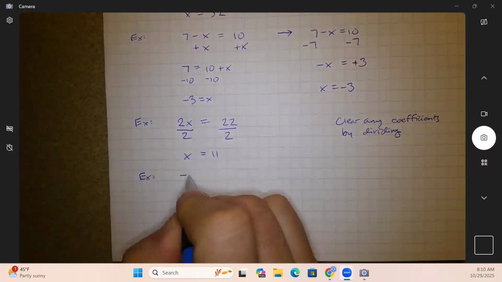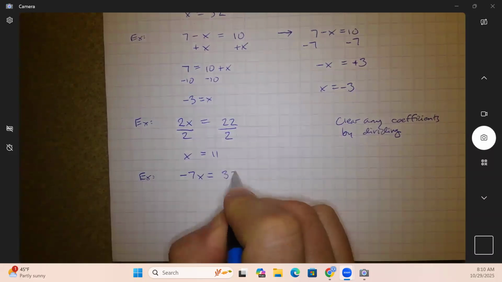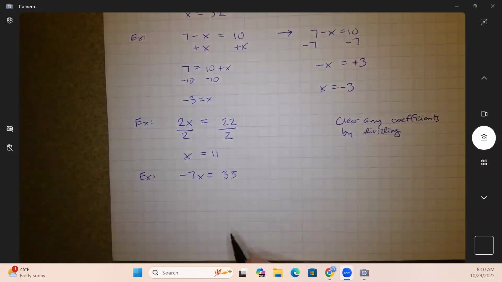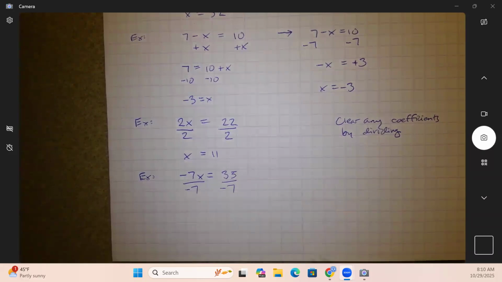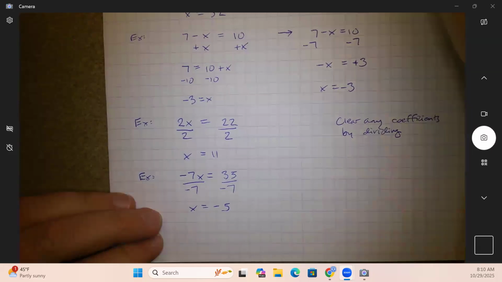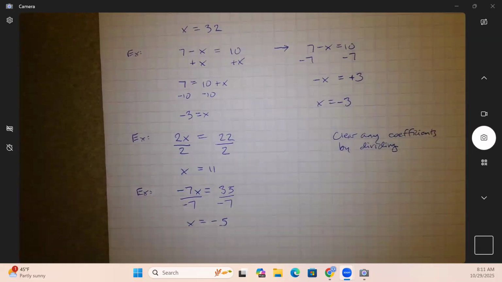If my coefficient happens to be negative, like negative 7x equals 35, I just divide by negative 7. And I get x equals negative 5. So those are one-step equations involving multiplication.